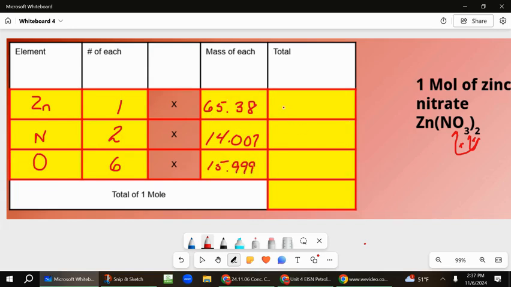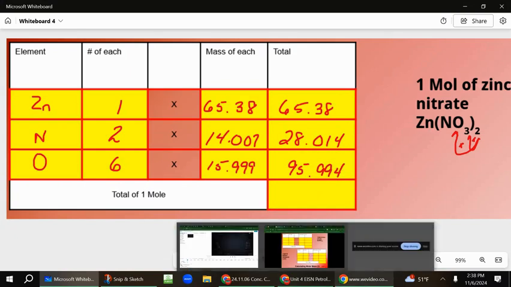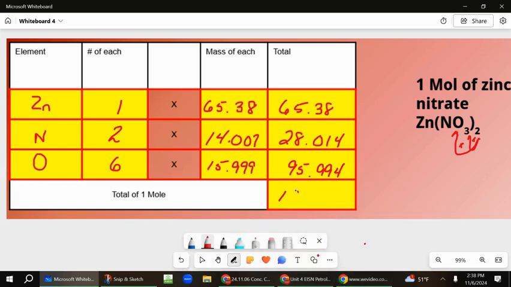So when we take this times 1, ladies and gentlemen, that stays 65.38. When we take this times 2, that is 014. And finally, when we take this, this is 95.994. Now we add them together. What do we get for a total? Someone please. That is what you should have gotten for this one. Are there any questions?